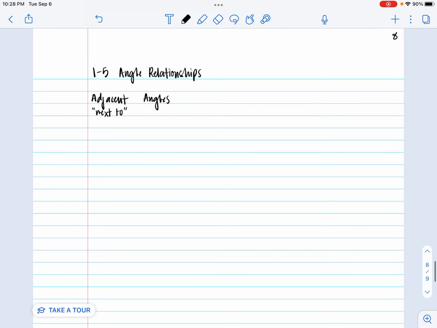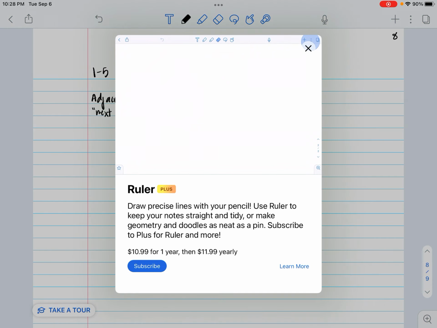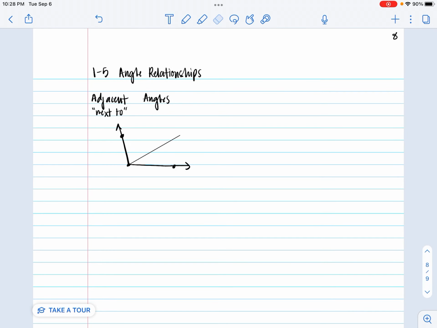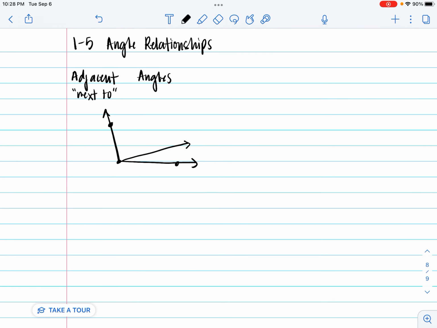Let's go ahead and draw a diagram first. Let's just draw any big angle. Actually, we don't even need letters. I'm going to make this so that it does not look like it's an angle bisector, so it's clearly two different sizes, and that's perfectly fine.